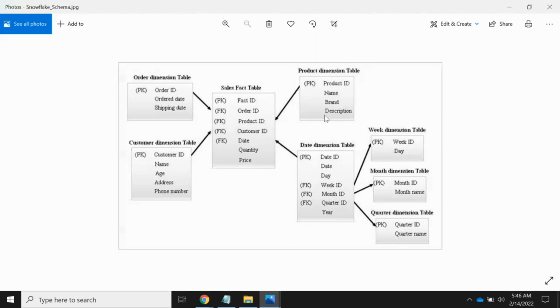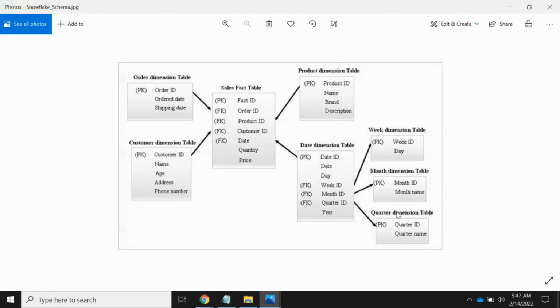Let's observe: we have a product dimension table, order dimension table, customer dimension, and date dimension, which is the time dimension. When you see this time dimension, it is again split into multiple dimension tables: week dimension, month, and quarter.